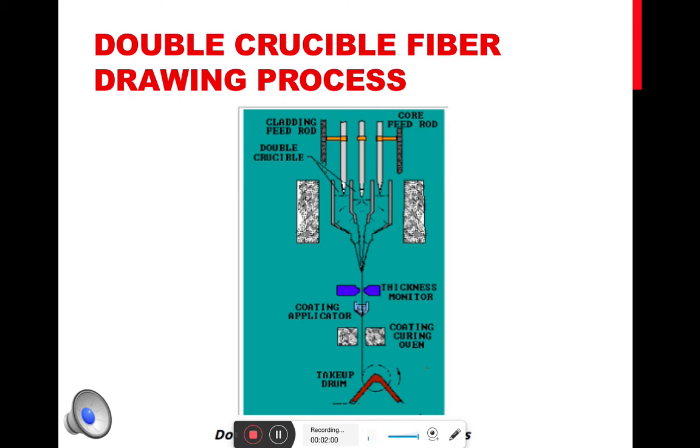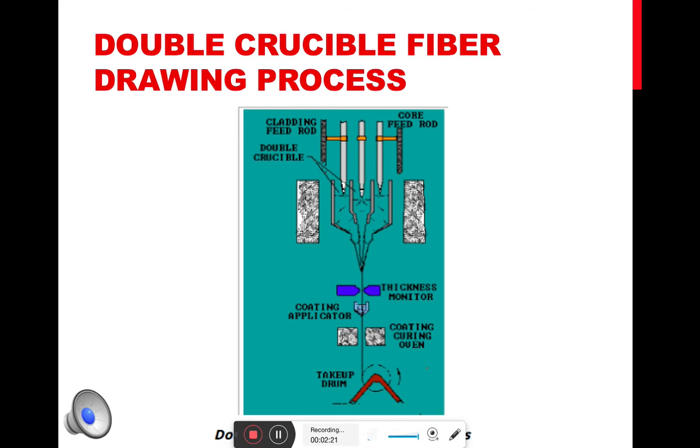The emerging fiber has to be checked for thickness. The thickness is checked by the thickness monitor, and it is brought to the desired thickness that we require for a particular application. Next, the fiber is put into the coating curing oven.